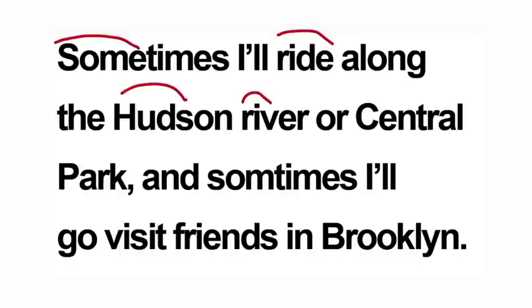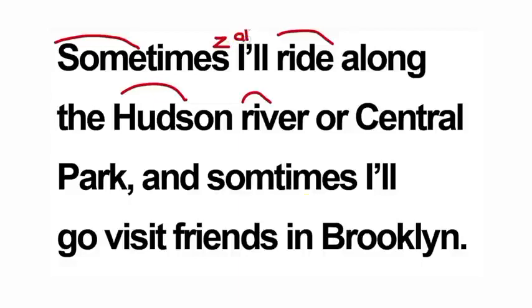Sometimes I'll ride along the Hudson River. What else do you notice? I notice the ending S here is pronounced as a Z. Sometimes I'll ride. Also, did you notice how I pronounced that contraction? I didn't say I'll. I said all. So it sounded a lot like this word.